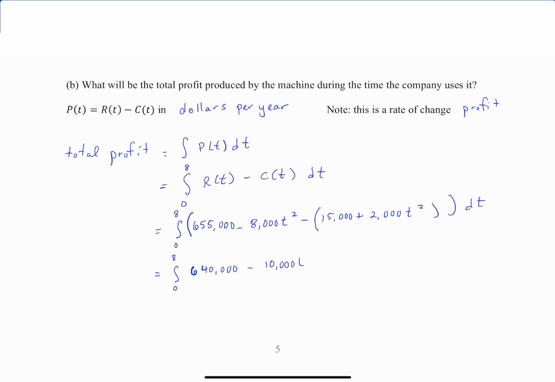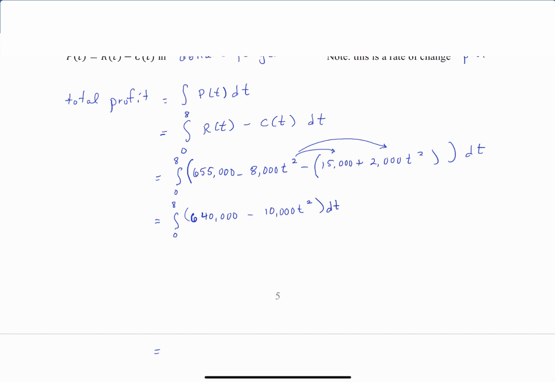Remember, I distributed this minus sign into the parentheses. Our antiderivative then is 640,000 t minus 10,000 t cubed over 3, going from 0 to 8.